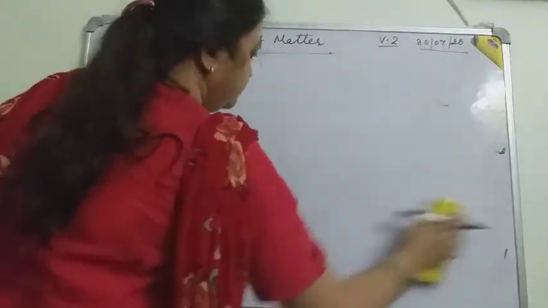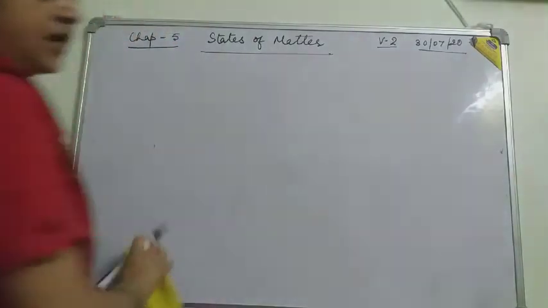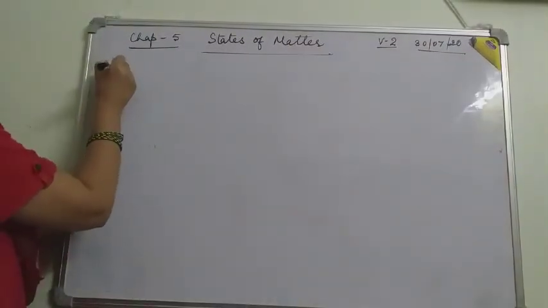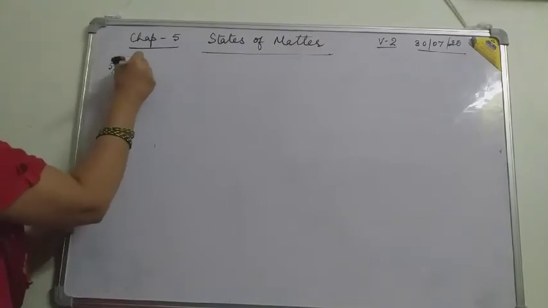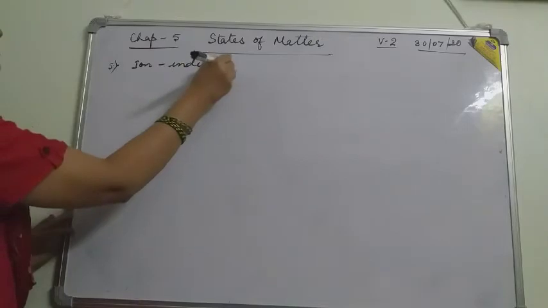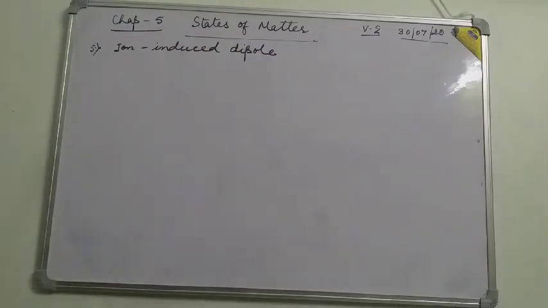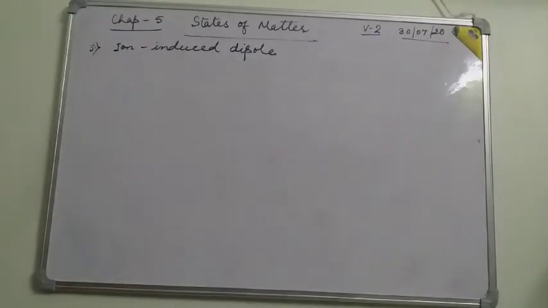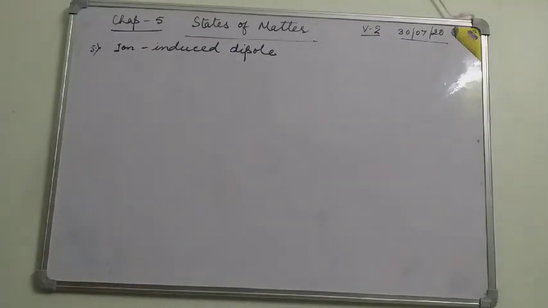Next, example 5 is ion induced dipole interaction. In ion induced dipole interaction, a non-polar molecule is polarized by the presence of an ion near it.